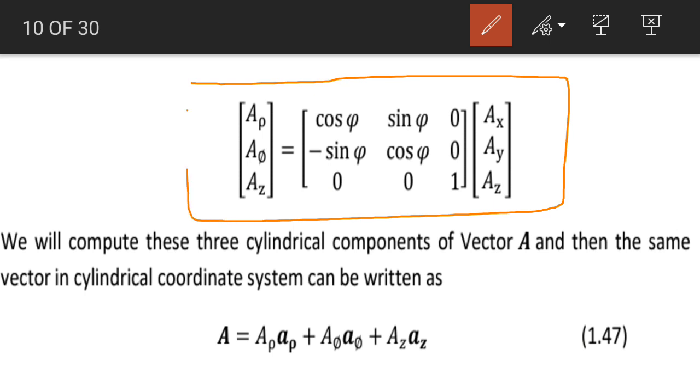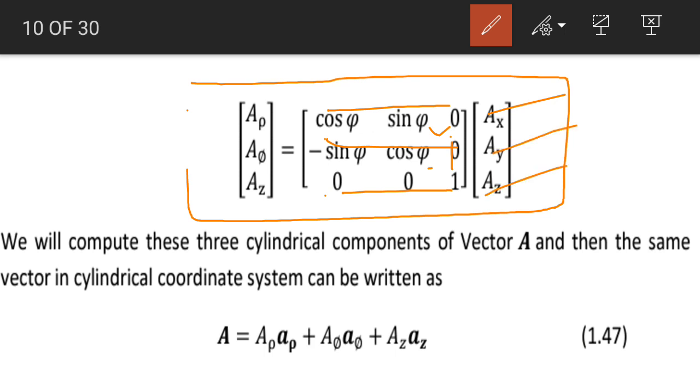You see, we have the unit vector, we have the rho component of vector A, we have A phi, we have Az, and then we have cos phi sin phi 0, minus sin phi cos phi 0, and then 0 0 1, and then we have Ax, Ay, and Az.